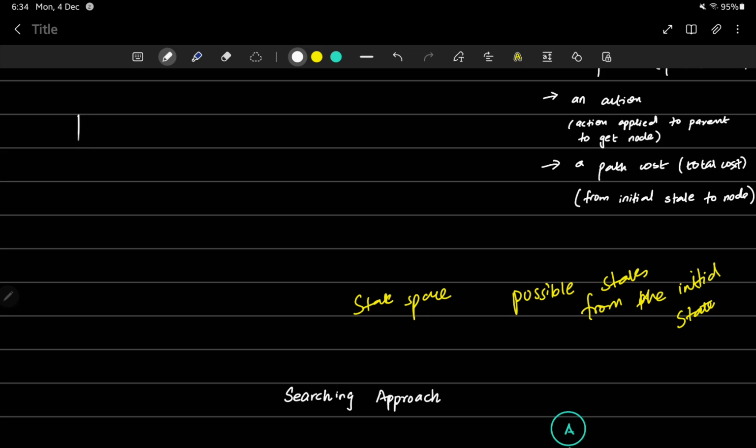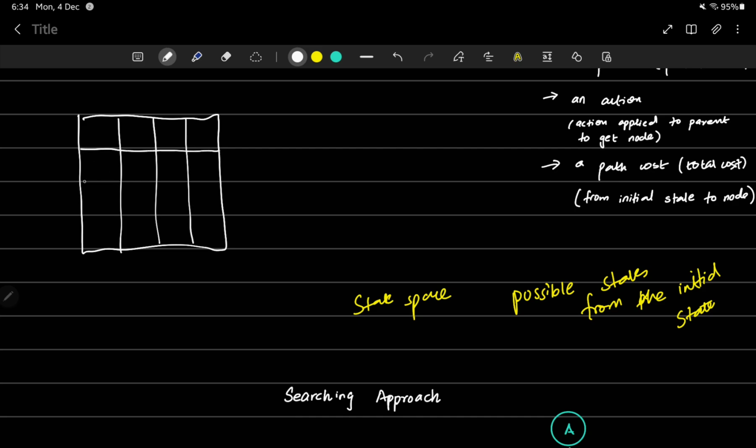Let's imagine we have this big grid, and it also has walls in it. And the thing is that the agent cannot pass through these walls, right? It cannot pass through these walls.